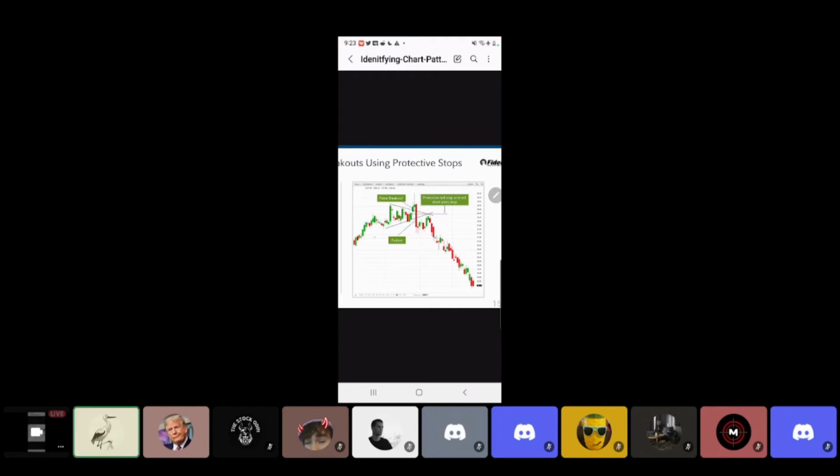But if you look at the bigger picture, that's why I say patterns are really important. You see the Batman forming, the head and shoulders: the left shoulder, head, right shoulder. Now it's created a head and shoulder. Clear? Yep.